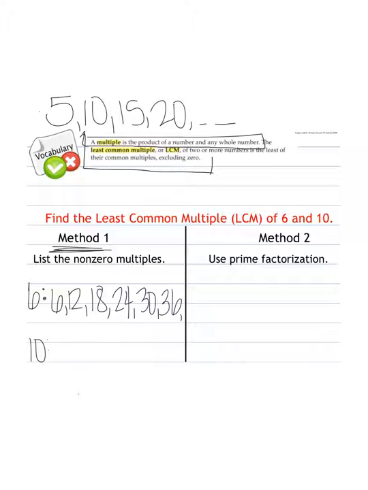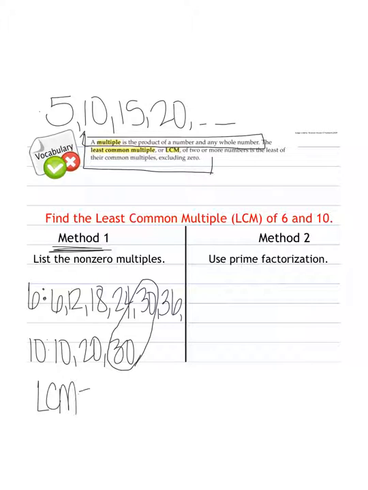Then I'm going to do 10, 20, 30, and as I get to 30, I can see that 6 also has a multiple of 30. So I can stop there because even if there's another one that is in common, 30 is going to be the least common multiple. So the least common multiple is 30 of 6 and 10.